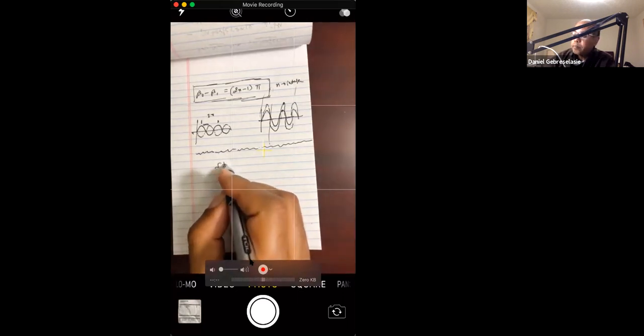Okay. Now we're going to look at an example of interference. That is the experiment we did last time, standing waves. Okay? So we're going to look at standing waves.